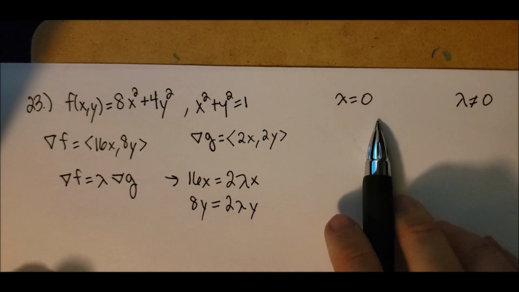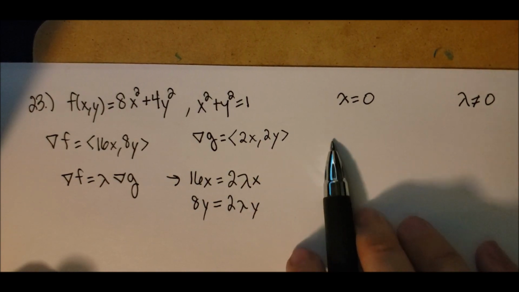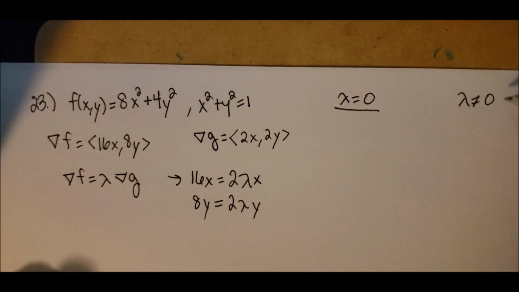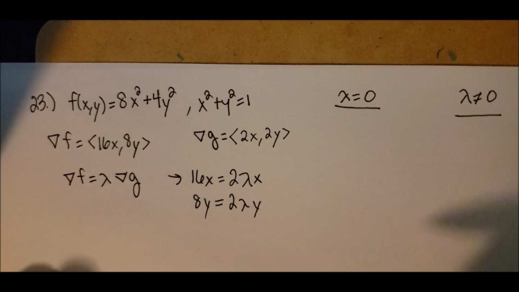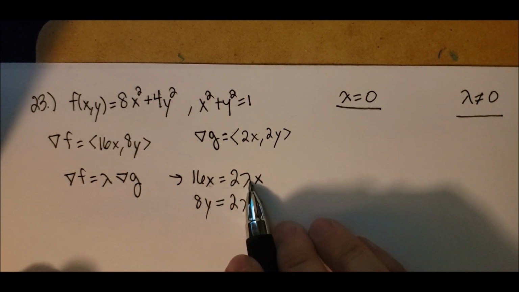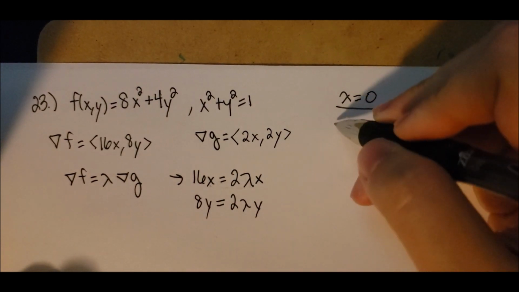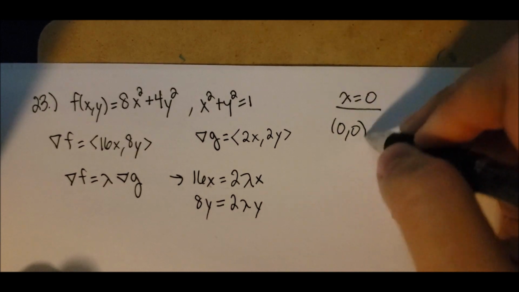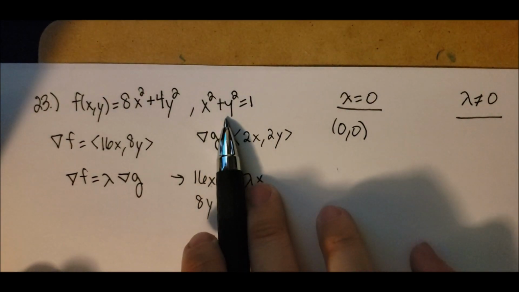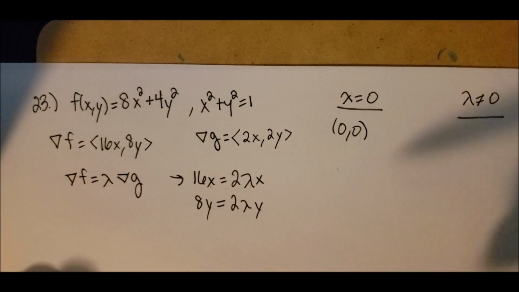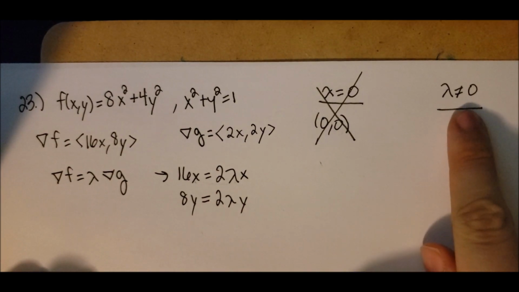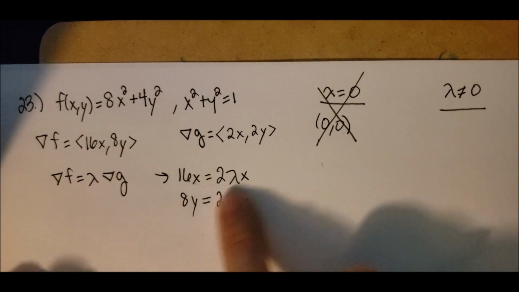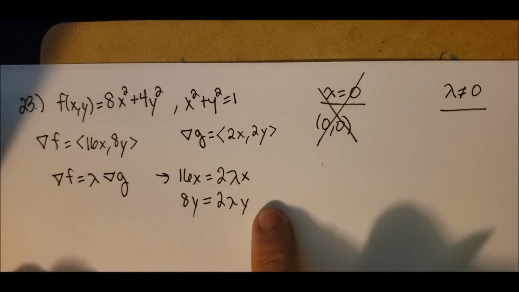So usually when lambda equals 0, you get 0, 0, and it's just a trivial solution. So if lambda is 0, you're going to get x is 0, y is 0. Well, according to our constraint, that's not possible. So lambda is not going to equal 0. So if lambda is not equal to 0, I either have that x is 0 or y is 0.